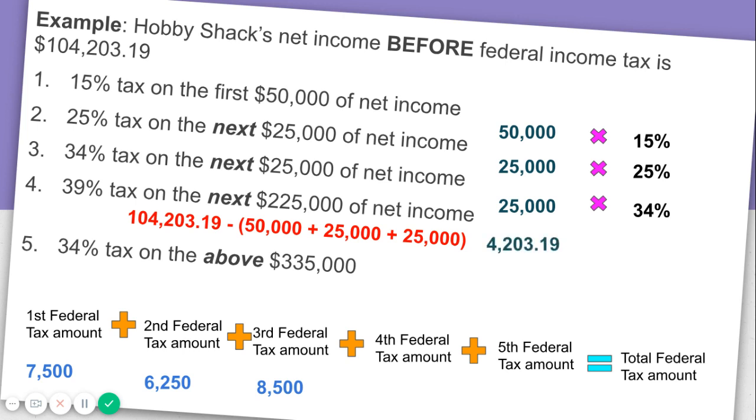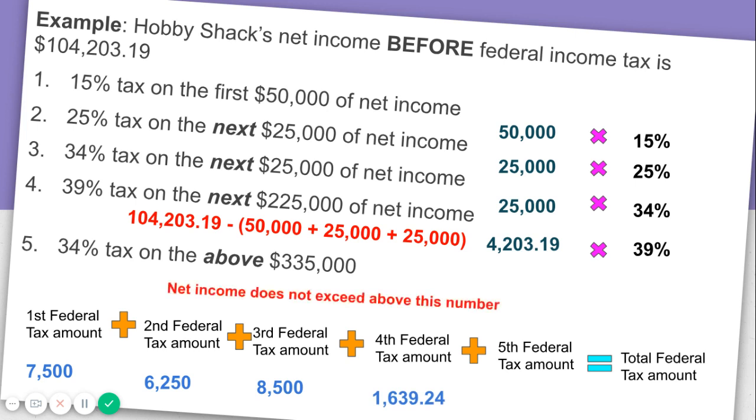And we take this times our 39%. We get 1,639.